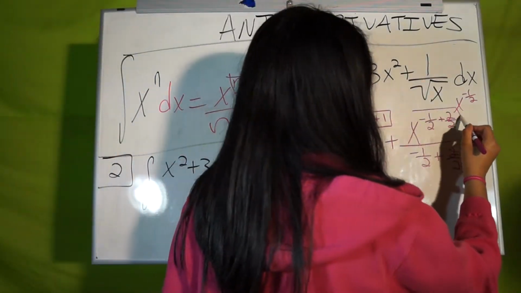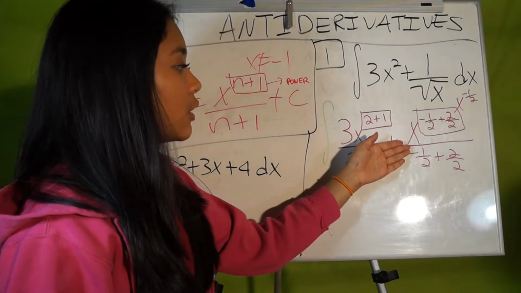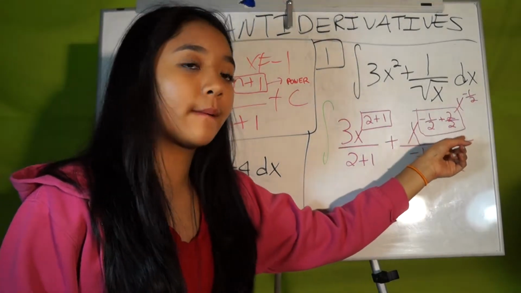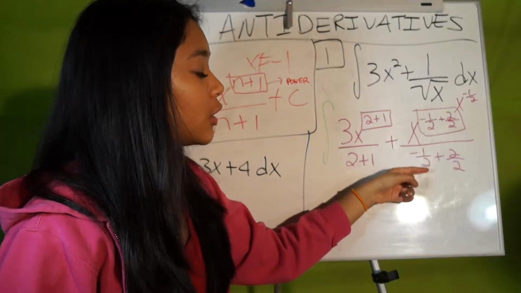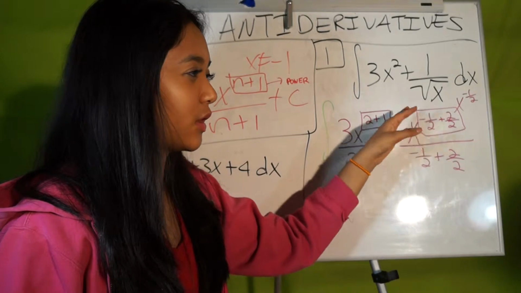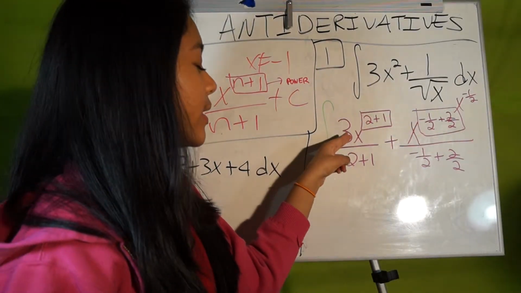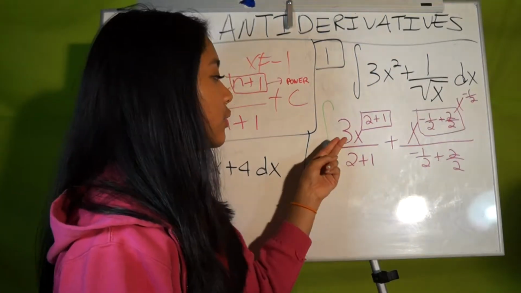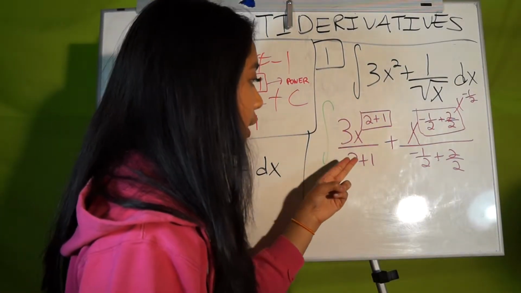Like I said, you have this to some power, and that's the first step. Then you divide by whatever you received from the power. For example, with this part we have 3x cubed, so you divide 3x cubed by 3.